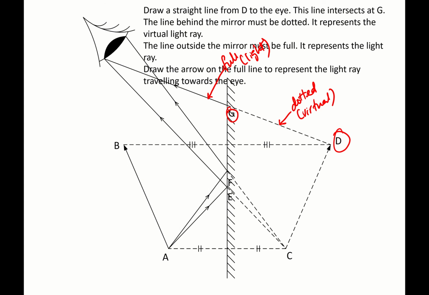And since the eye sees the image, the direction of the light must be traveling from the mirror into the eye, and hence we're going to draw the arrow pointing into the eye to represent the light ray traveling towards the eye.